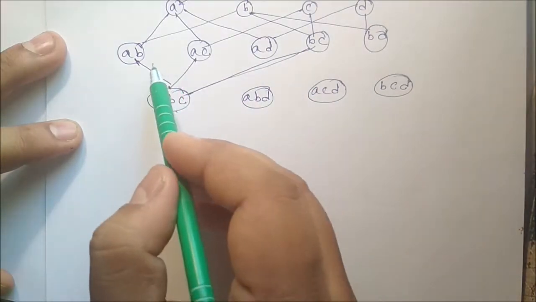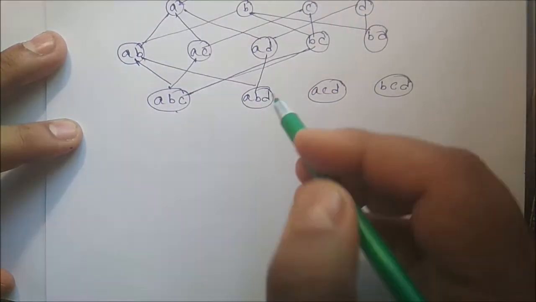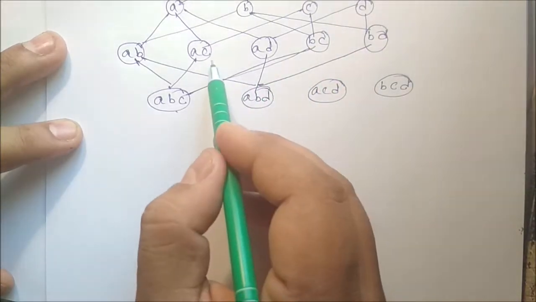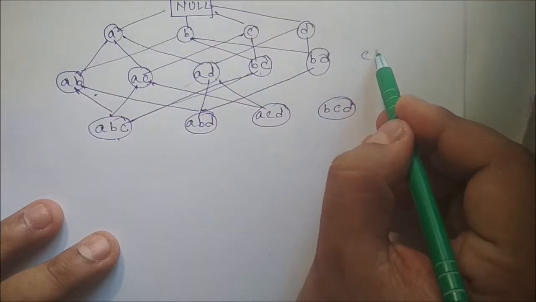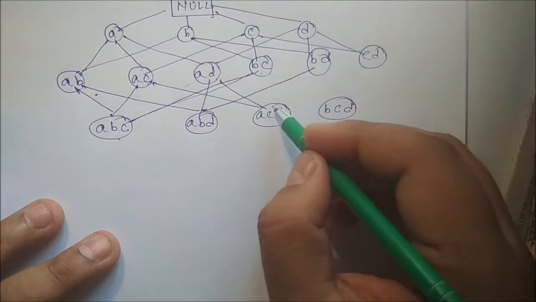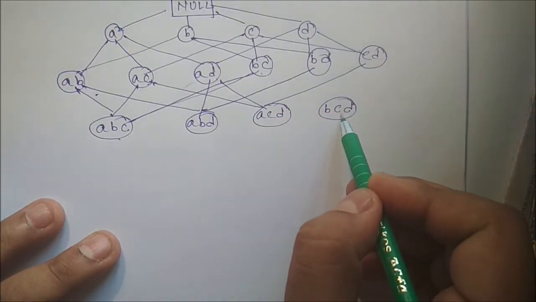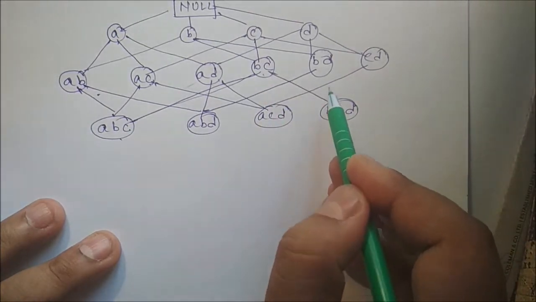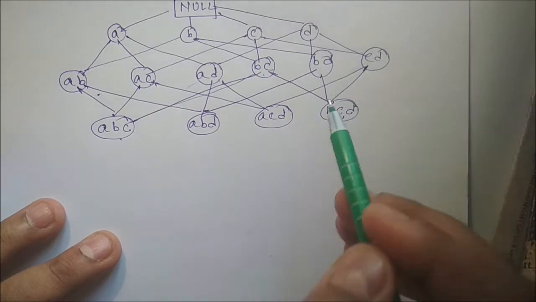Next ABD, from this as well as from this. ACD, from this and CD, C and D. After that BCD. How to get BCD? From this we can get it, and from this also we can get it.